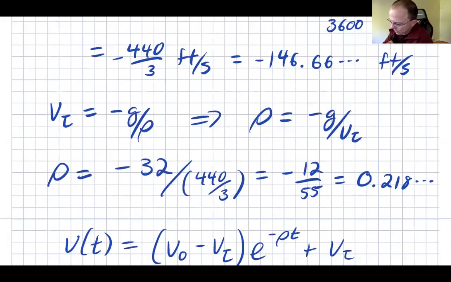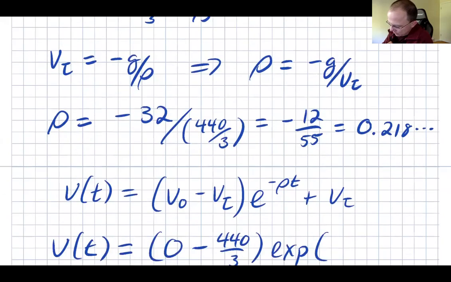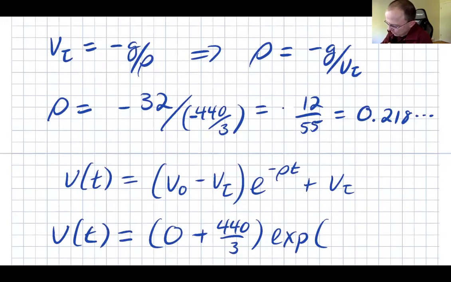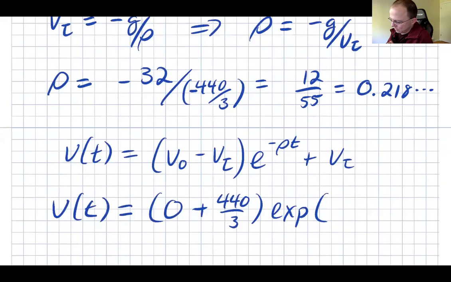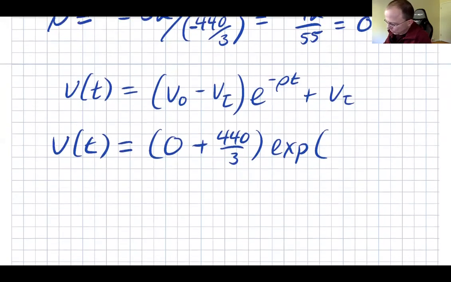Okay, so then this will be negative 440. Yeah, so that becomes a plus, and this goes away. Well, we could keep it there, but there's a negative here. And so this actually becomes, yeah, okay, that's better. Okay, so it's 12 over 55.